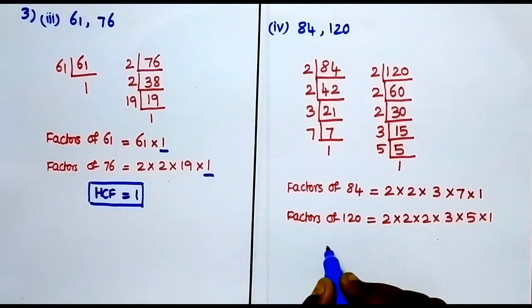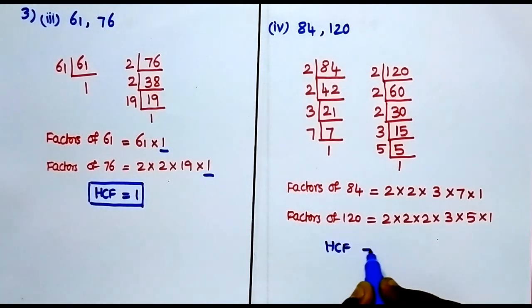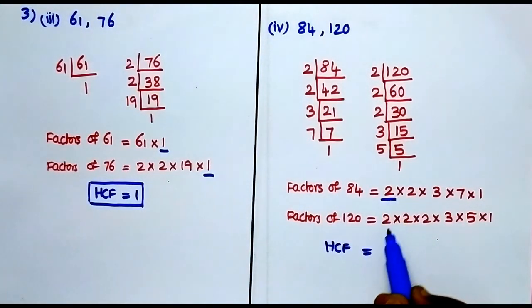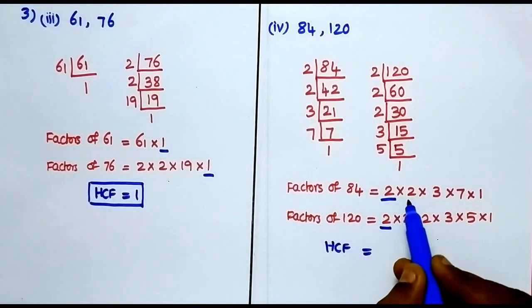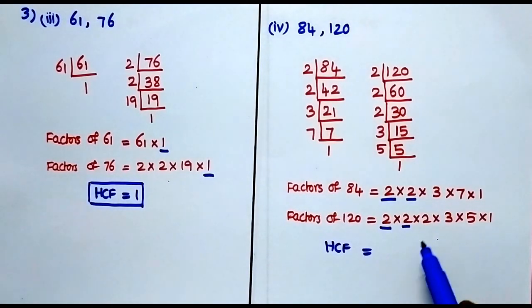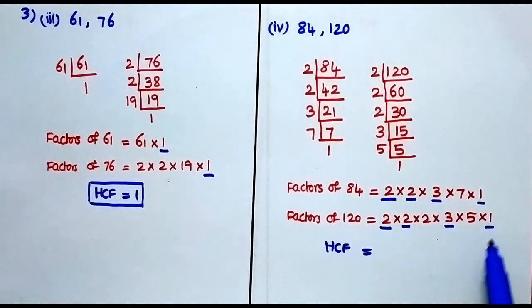Now the common factors. Here 2, 2. Again 1, 2 is common. And 3, 3 is common. And 1, 1 is common.